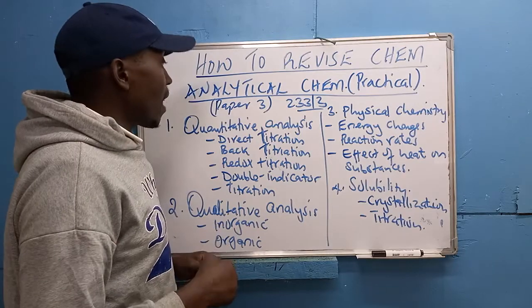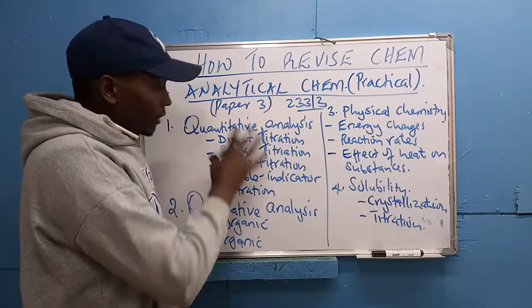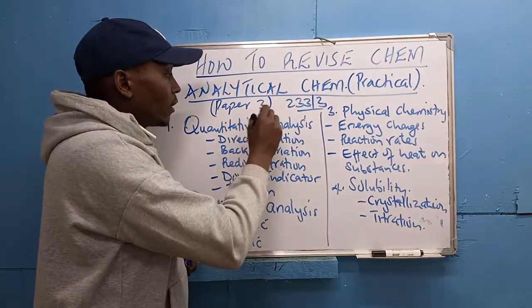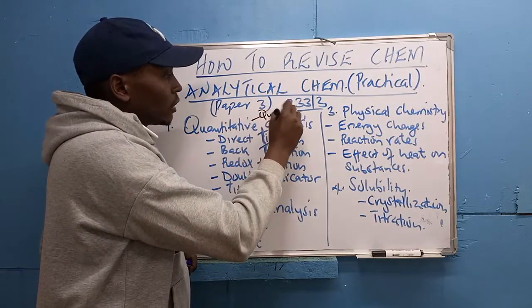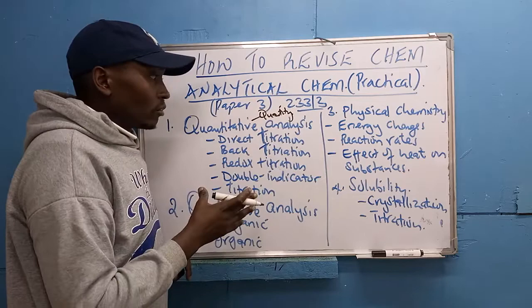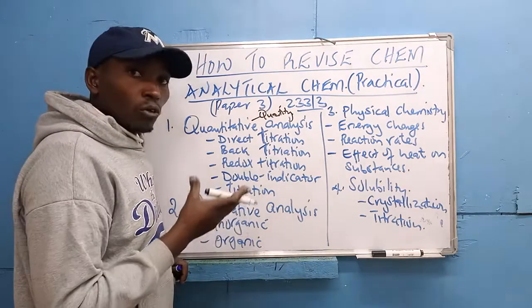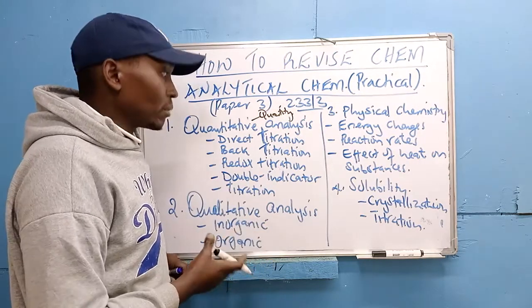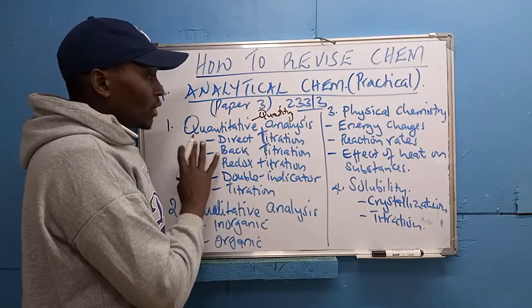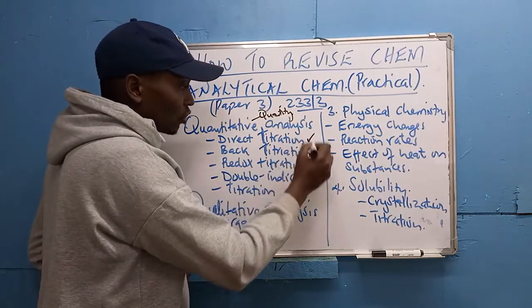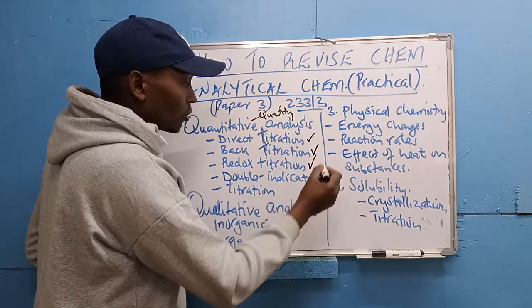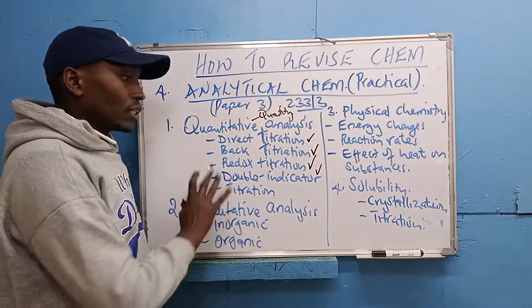Now, we have the first category, or the first area, that we call quantitative, from the word quantity. You know, the student is trying to do an analysis to establish the amount of substance in a given sample. And this is where we do it with what we call titration, be it direct titration, back titration, redox titration, or the double indicator titration.